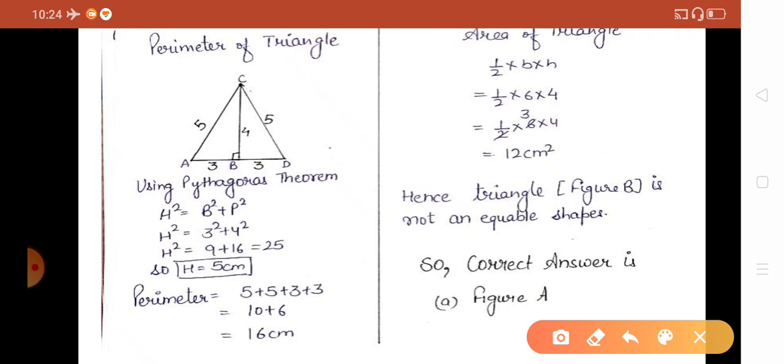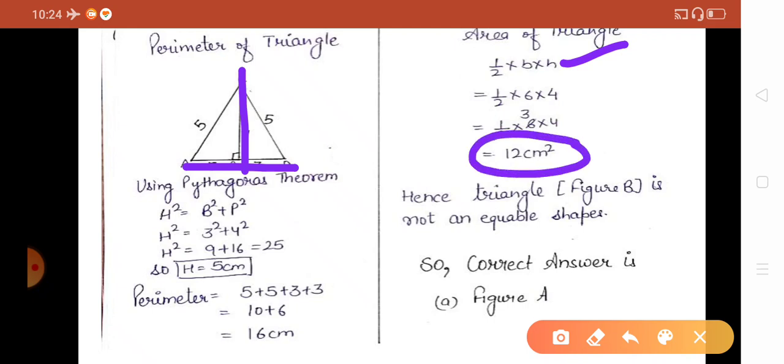You are given the base as 6 centimeter and the height as 4 centimeter. So we put the values, half into 6 into 4, and we get 12 centimeter square. So here it is clear that the perimeter of the triangle is 16 centimeter, but the area of the triangle is 12 centimeter square. That means our figure B is not an equable shape.